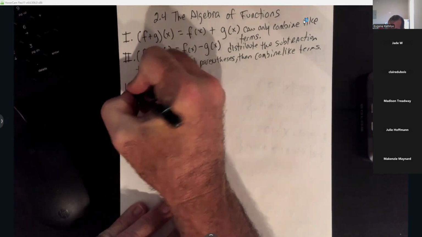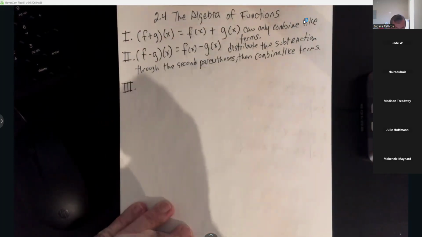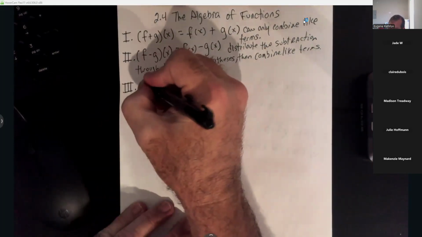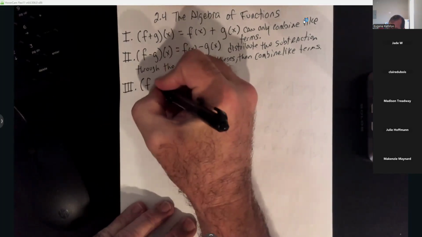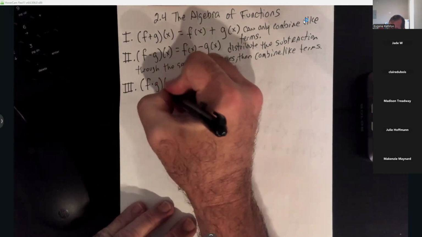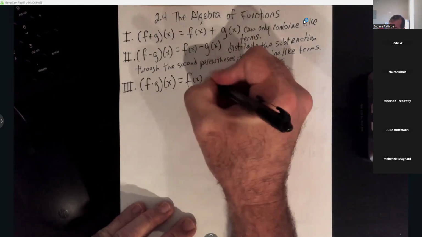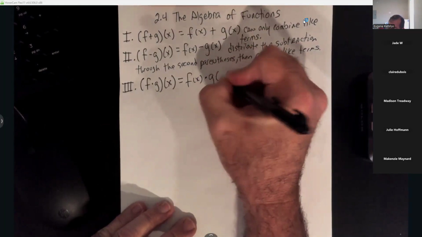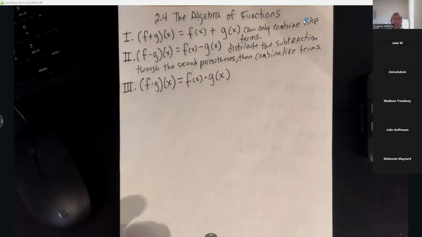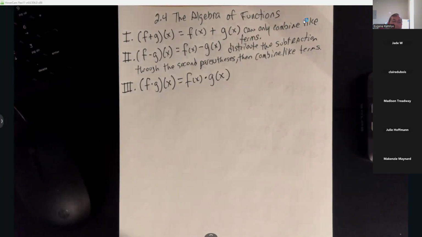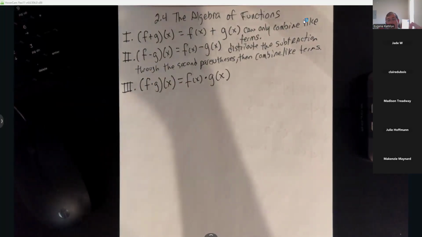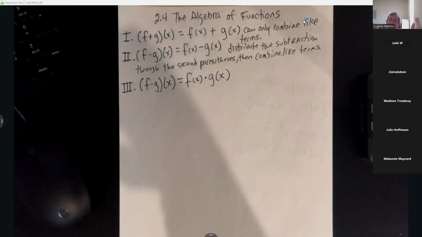All right, y'all, the next operation is multiplication. f times g of x. That's going to be my f of x times my g of x. Now, multiplying is the place where I'm going to be changing the variables.